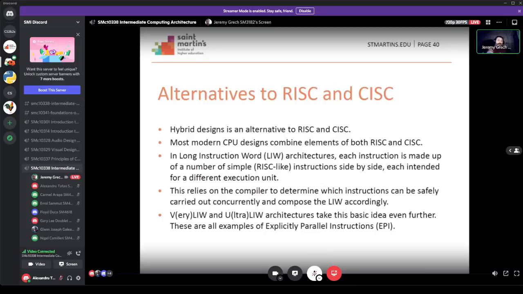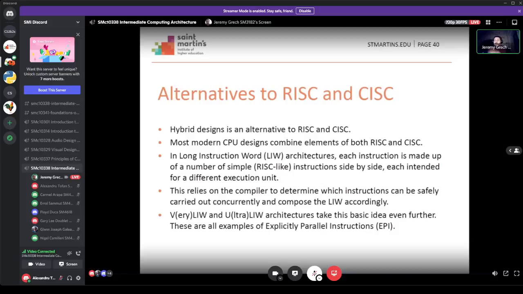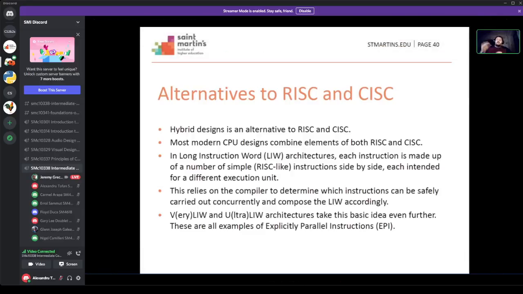There also exist what are known as very long instruction word or ultra long instruction word architectures, which take this idea even further, especially when it comes to explicitly parallel instructions, or instructions that can execute entirely in parallel. So most CPUs that we see nowadays basically have the best of both worlds.